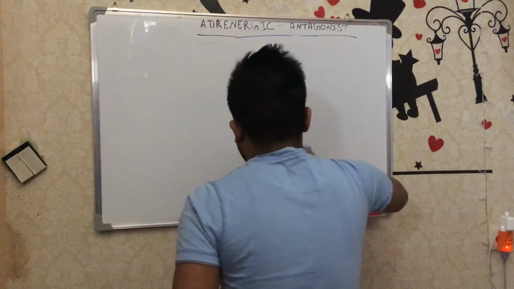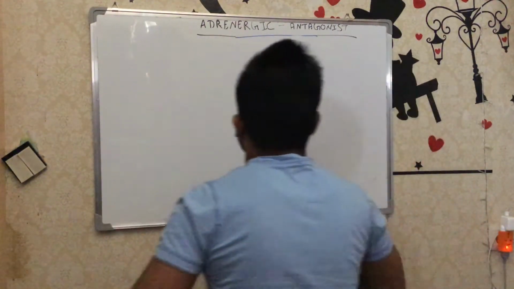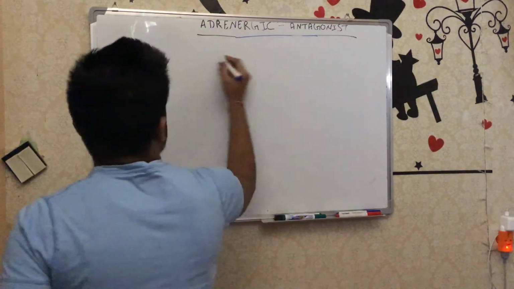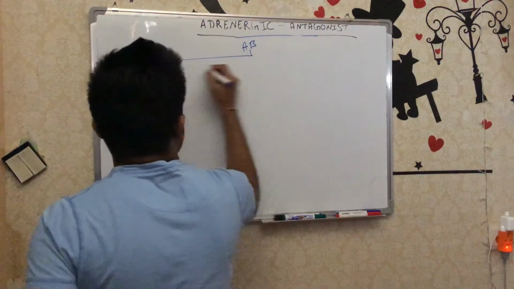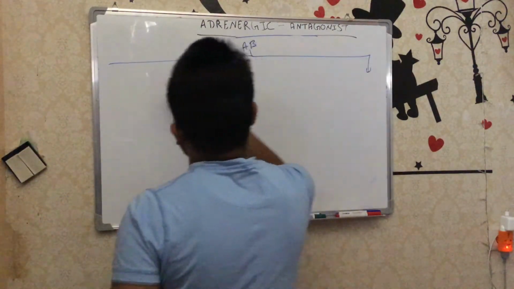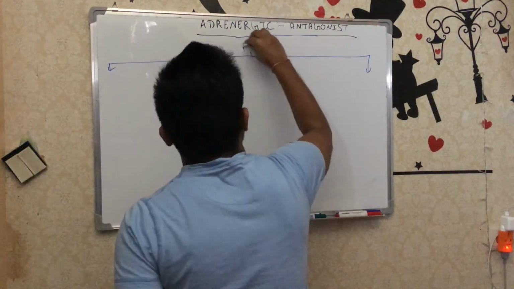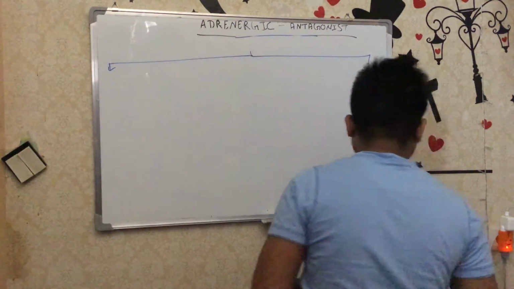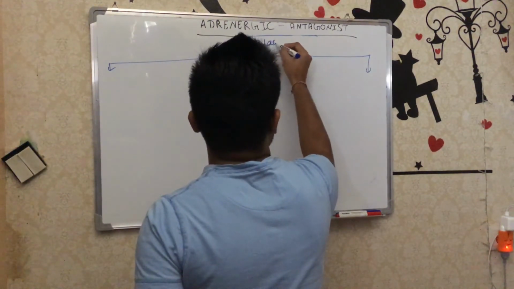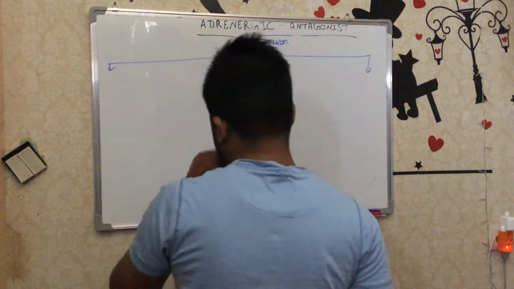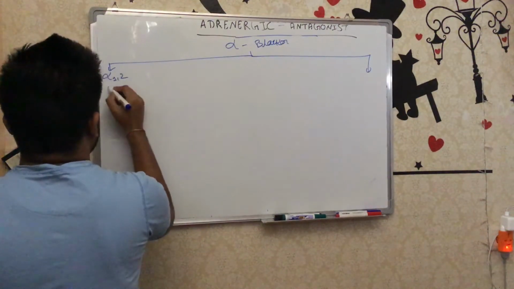Now discuss the classification. Classification is divided into adrenergic blockers, more correctly alpha blockers. First are the non-selective drugs, which act on alpha 1 and alpha 2.